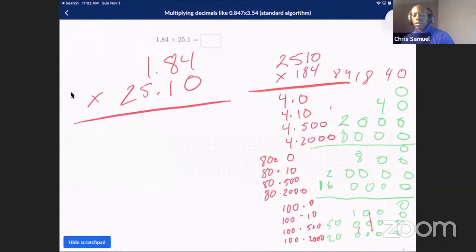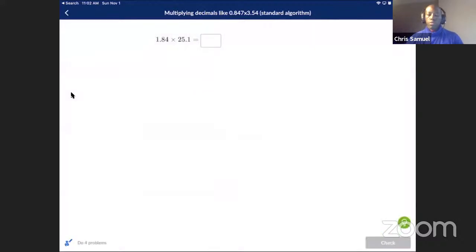Anyway, I did it on the calculator because I'm running out of time. So you basically move it to the 2's place because we're 2 decimal places here. So you get 4618.4.